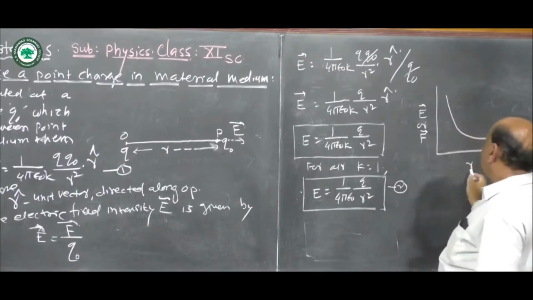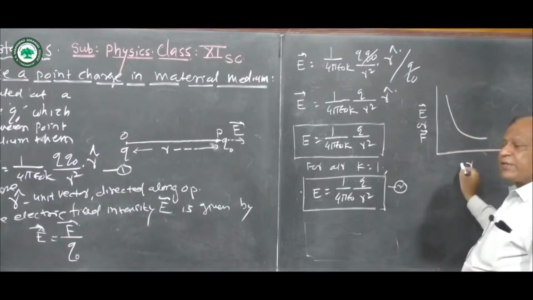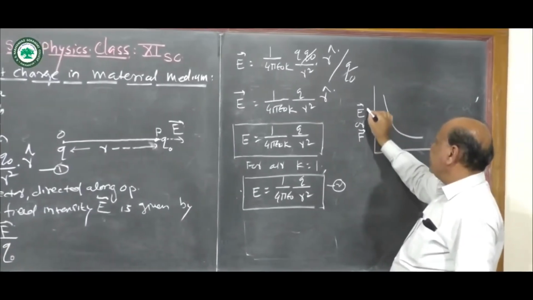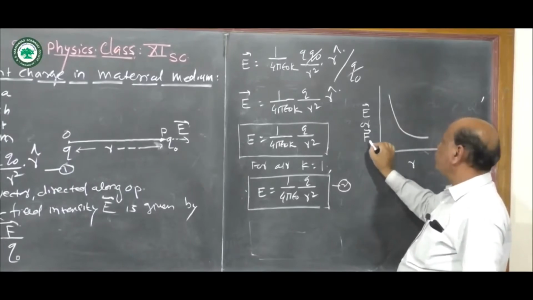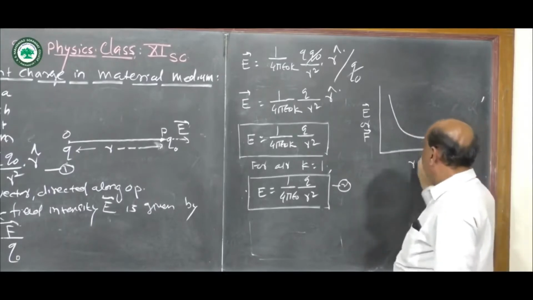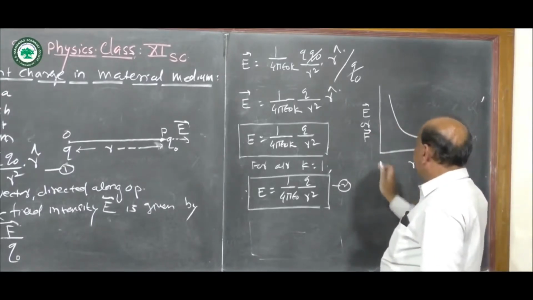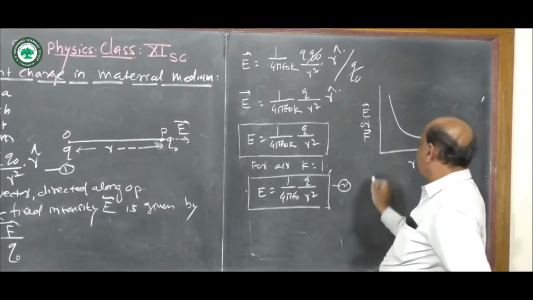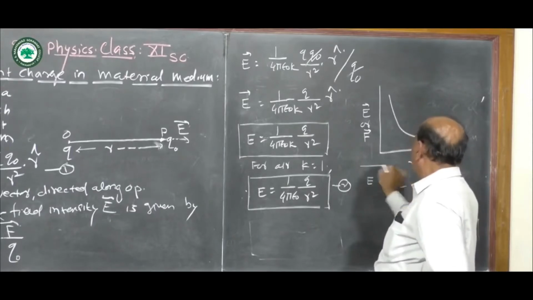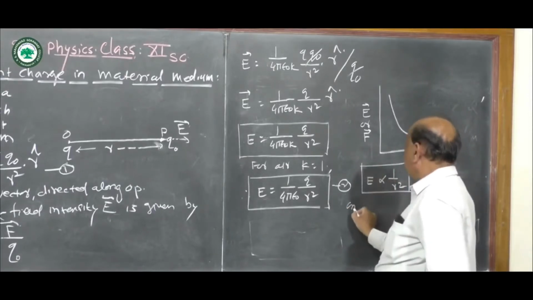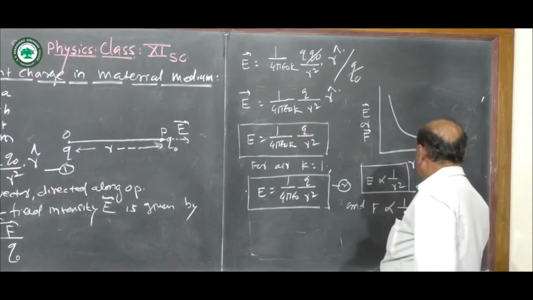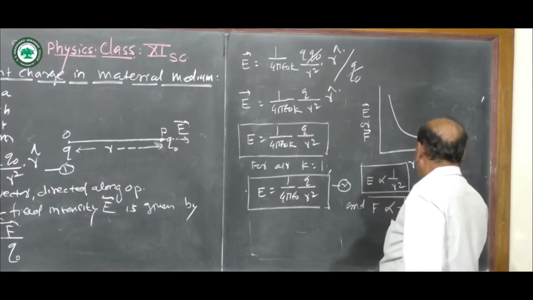It means that as the distance between the two charges increases, the value of electric field E or Coulomb's force F decreases, or they obey the inverse square law, that is, E is inversely proportional to R square, and the electrostatic force is inversely proportional to again R square.